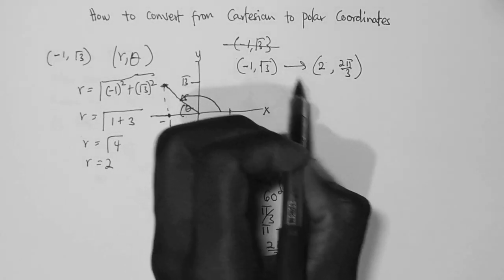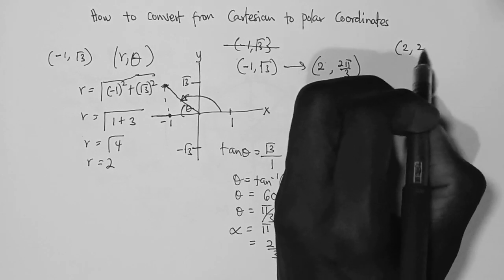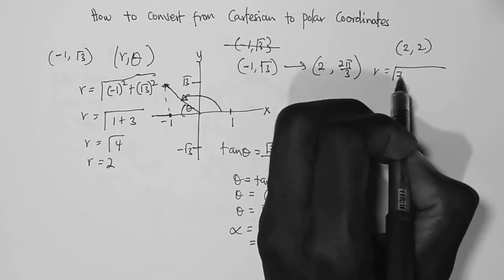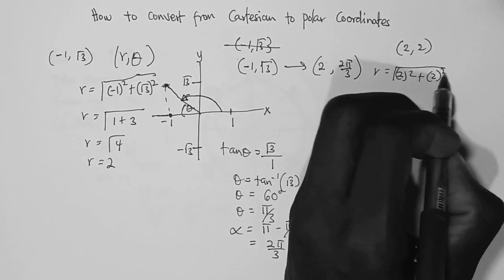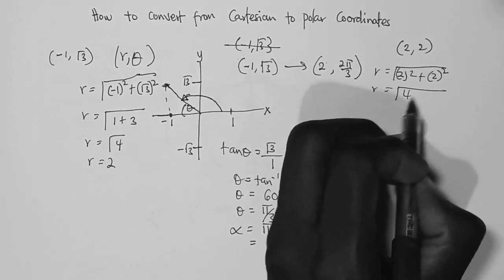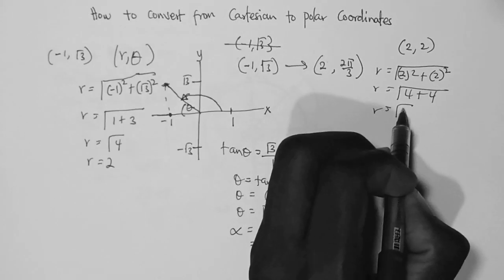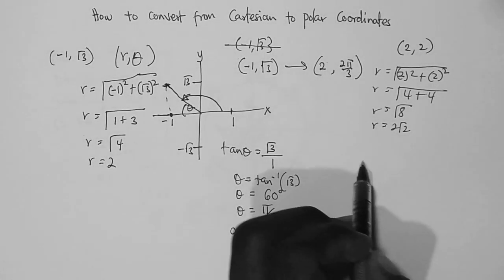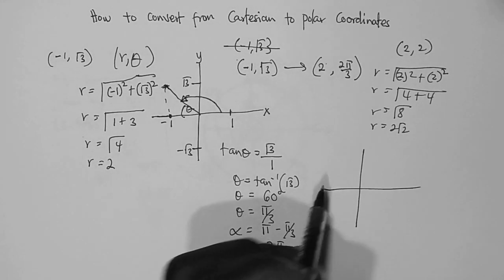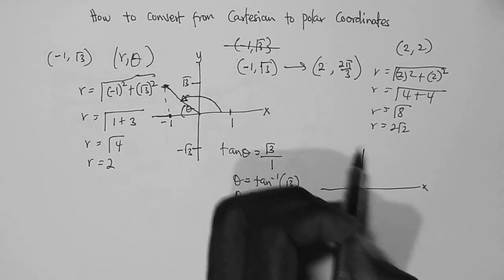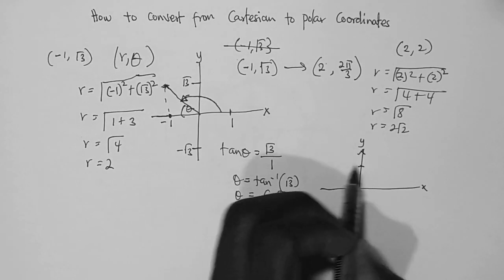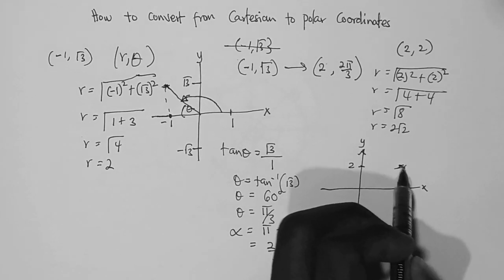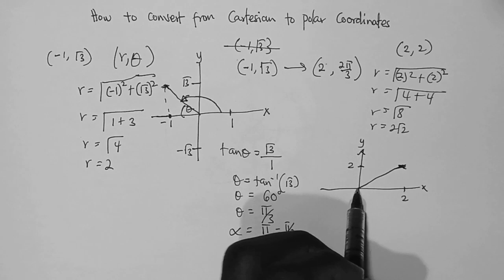Now let's convert 2, 2 to polar coordinates. So let's find r. r is equal to the square root of 2 squared plus 2 squared. So r is equal to root 4 plus 4, and this is equal to root 8, and r is equal to 2 root 2. Now let's sketch 2, 2 in the Cartesian plane. So here is x and then here is y. So here is 2 and then this is 2. So 2, 2 will be somewhere here. And let's join them together.